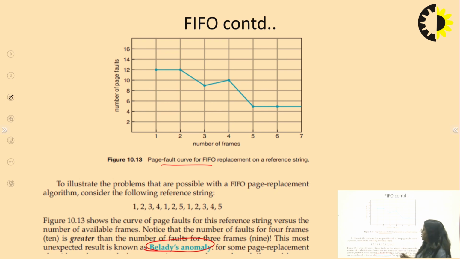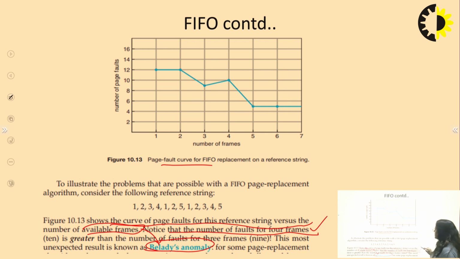No. So according to this diagram, it shows the curve of page faults for the reference string versus the number of available frames. It means the frame size is increased by this scientist, and he noticed that the number of faults is 4.